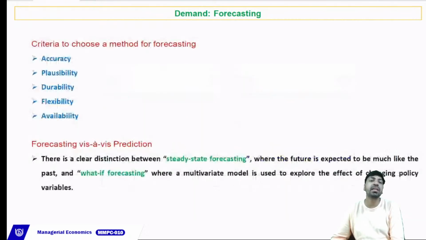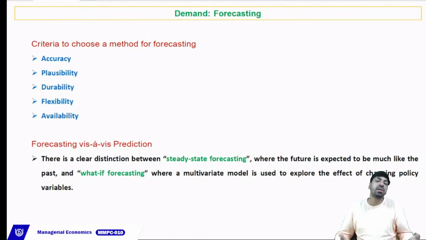These are the criteria to choose a method for forecasting: accuracy, plausibility, durability, flexibility, and availability. It should be accurate. It should also allow you to stop the forecasting immediately, to stop the forecasting or the estimation of demand when needed. Durability means it can be used more than once, many times.